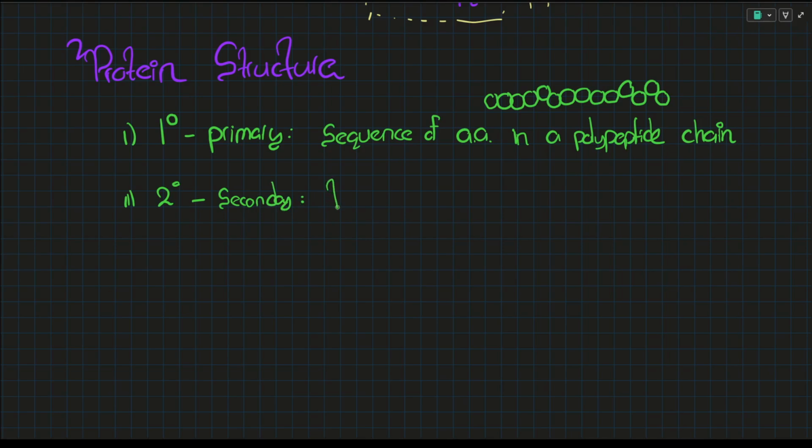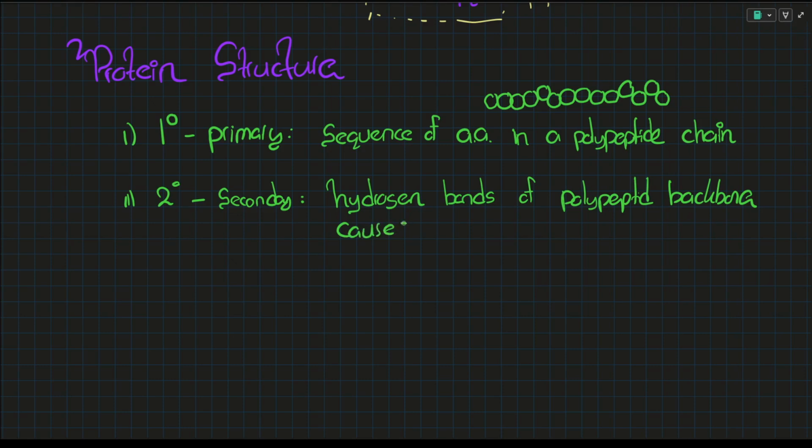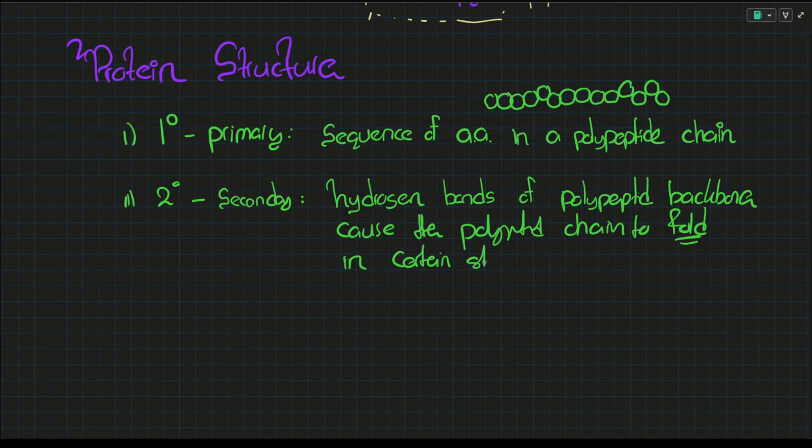The secondary structure is the hydrogen bonds of the polypeptide backbone causing the polypeptide chain to fold in certain shapes.